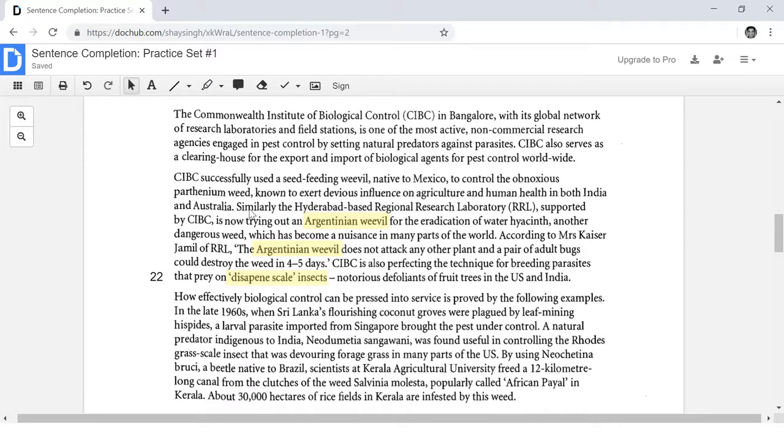Similarly, the Hyderabad-based Regional Research Laboratory, RRL, supported by CIBC, is now trying out an Argentinian weevil for the eradication of water hyacinth. Water hyacinth, another dangerous weed. So the Argentinian weevil helps to eradicate or eliminate or remove water hyacinth.